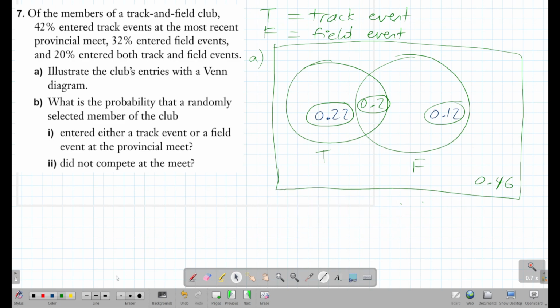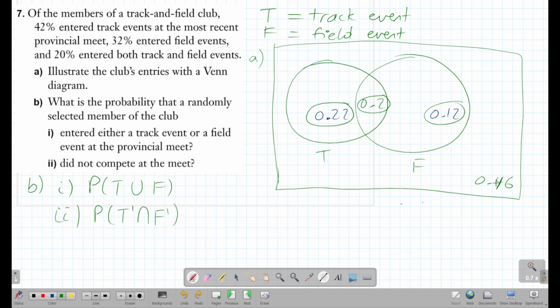Okay, so we took care of A. Now it's time for B. B asks us two things. One, we want the probability of T union F, entered either a track event or a field event. And two, we want the probability of not T and not F, the complement of T and F. For 2, we want to know what is outside the Venn diagram.